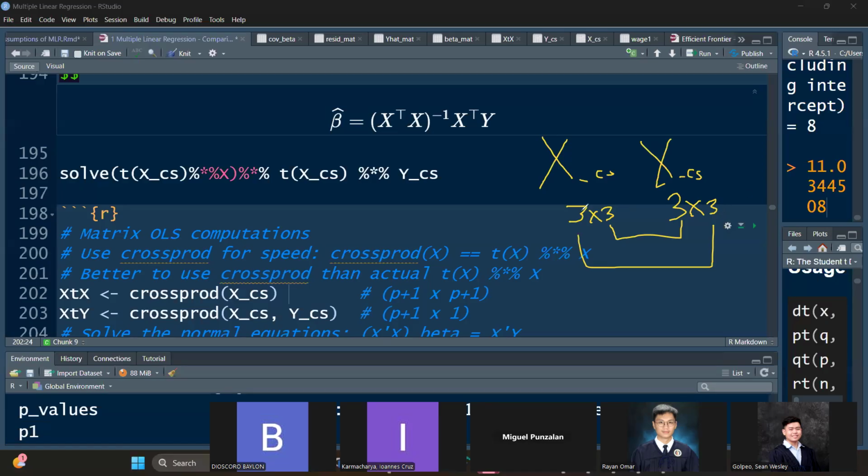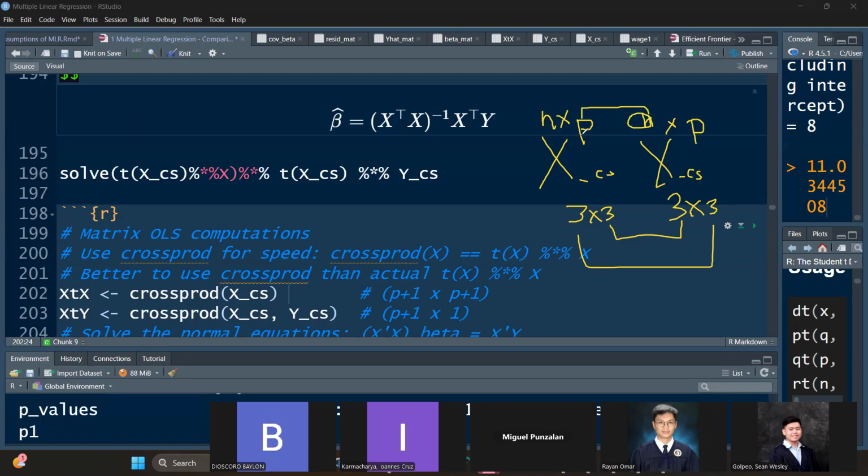However, if they're not square, for example, in our case, what's X? X is n by p. Let's say p already includes the intercept. So this is also n by p. Are they conformable? No. This is the column of the first matrix, compare it with the row of the second matrix.